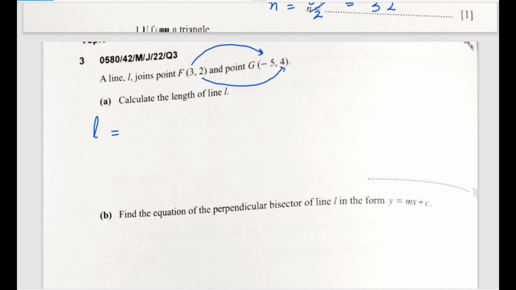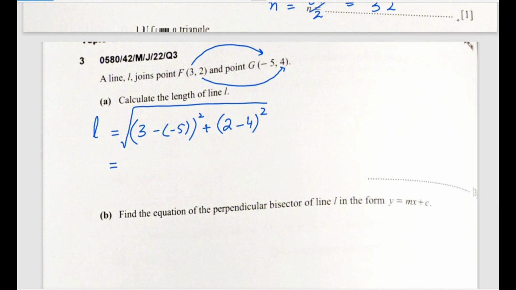So 3 minus minus 5 whole square plus y1 minus y2 whole square, 2 minus 4 whole square, and taking square root. So 3 minus minus becomes plus, 3 plus 5 is 8 square, 2 minus 4 is minus 2 square, and taking square root.